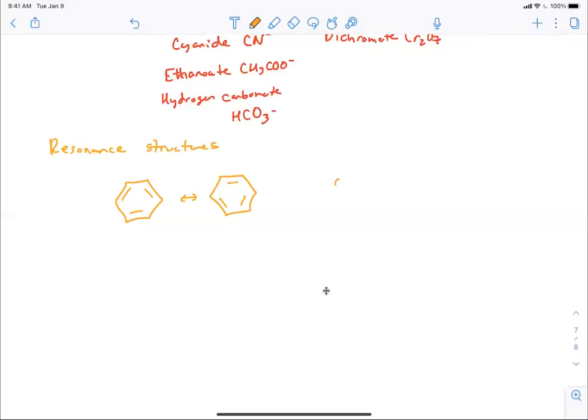You also have ozone, which has the alternating double bond between the central oxygen and the outer oxygens. Knowing how to draw these resonance structures is important as well.